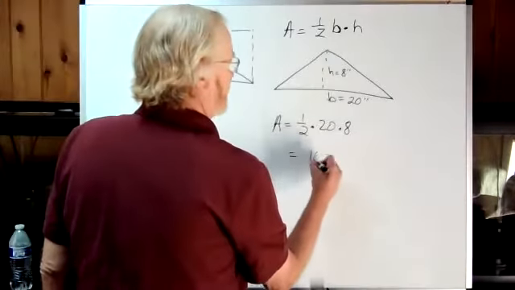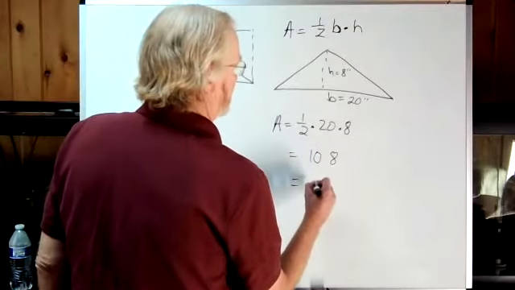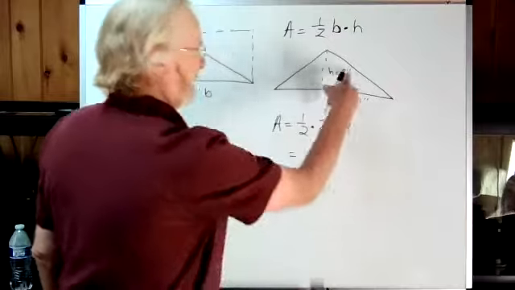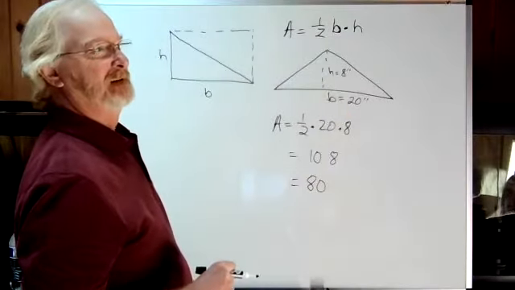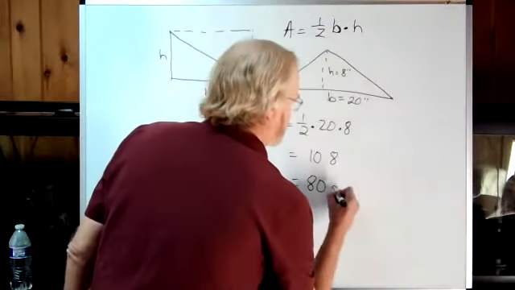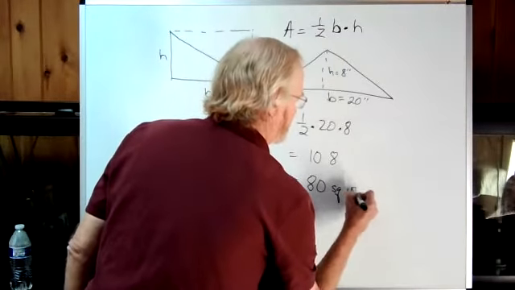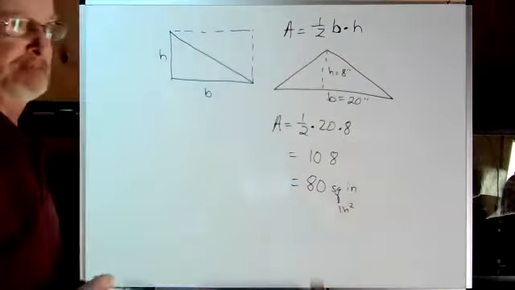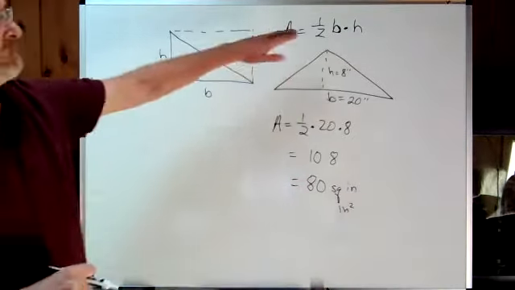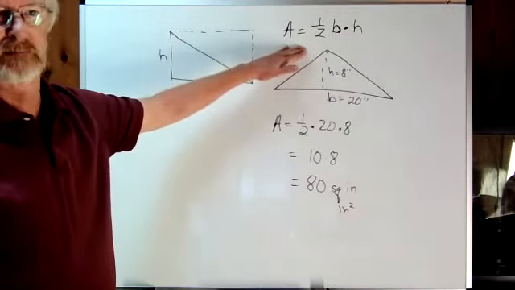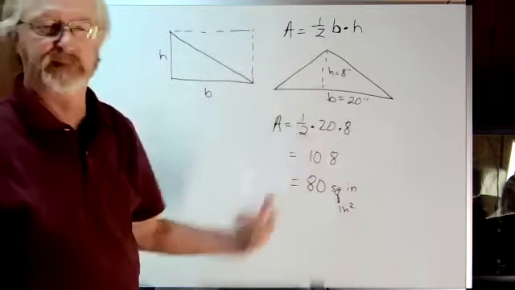So 10 times 8, that's 80. And I called this one inches. It's still imagining little square units squeezed in. So it's square inches, or inches squared, if you want to write it like that. You've got a formula to work with. You plug the numbers in appropriately and then simplify your expression.